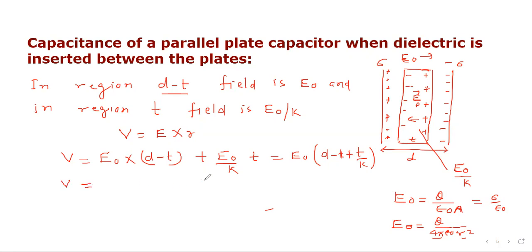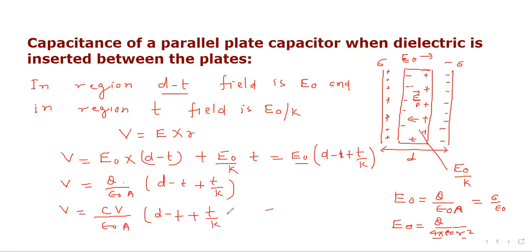So V equals, in place of E0, we write Q upon epsilon naught A times D minus T plus T upon K, and Q equal to CV. So V equal to CV divided by epsilon naught A times D minus T plus T upon K. So we will cancel out, and our concern is to get C. This implies C equal to epsilon naught A divided by D minus T plus T upon K. So this is our required expression.